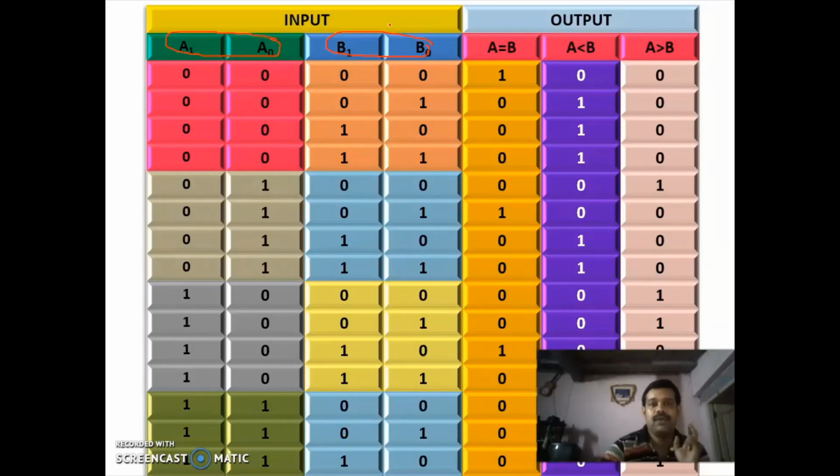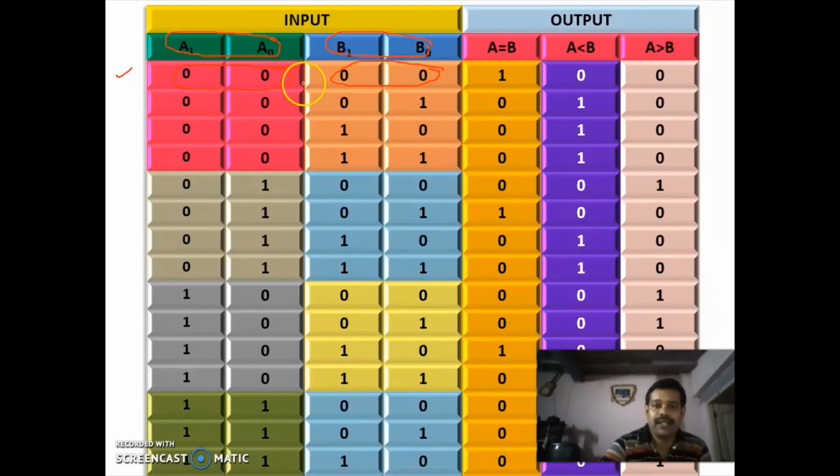That is 00, 01, 10 and 11. With 2 variables, you can have 4 combinations, and the 4 combinations are 00, 01, 10 and 11. So first we are taking 00 and we are comparing it with 00.